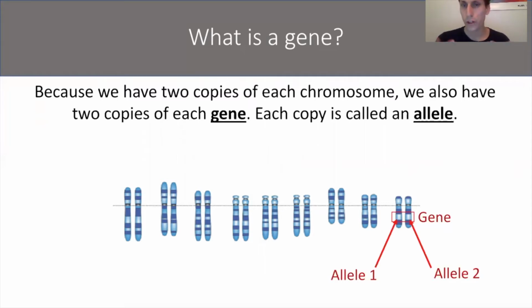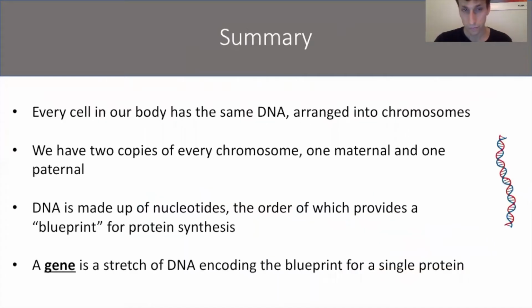And we've referred to each copy of a gene as an individual allele. So a quick summary: every cell in our body has the same DNA, which is arranged in 2 chromosomes. We have 2 copies of every chromosome, one from our mom, the maternal copy, and one from our dad, the paternal copy.